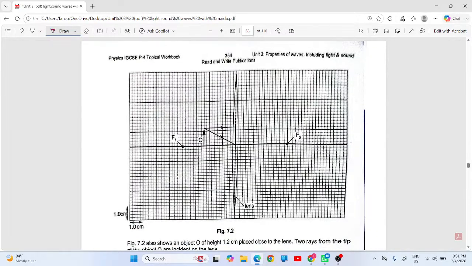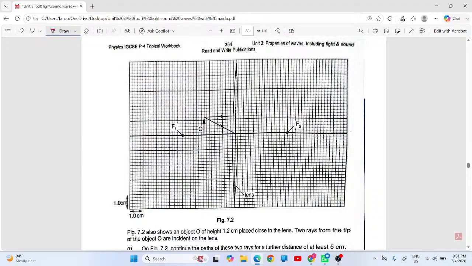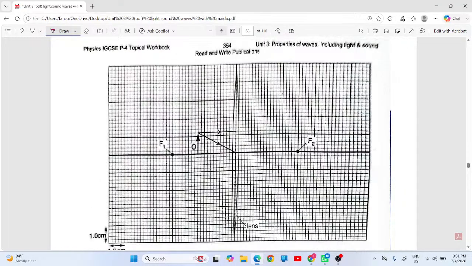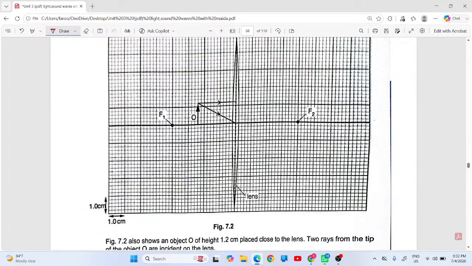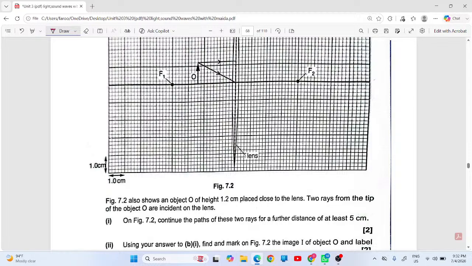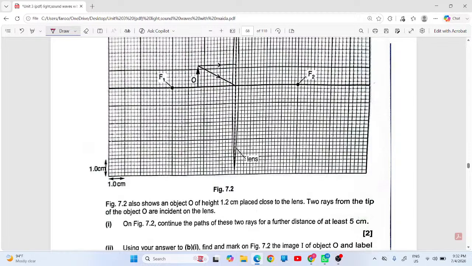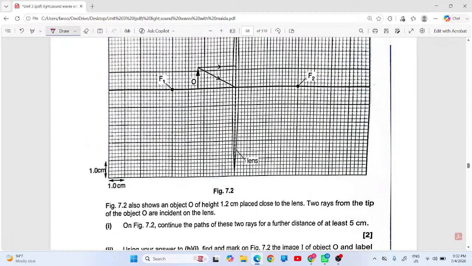Next is figure 7.2, which shows two principal focuses of a thin converging lens. Converging lens ये बीच में आपको थोड़ा सा मैंने इस तरह का thin सा बनाया हुआ है. Figure 7.2 also shows an object; the height of the object is given.